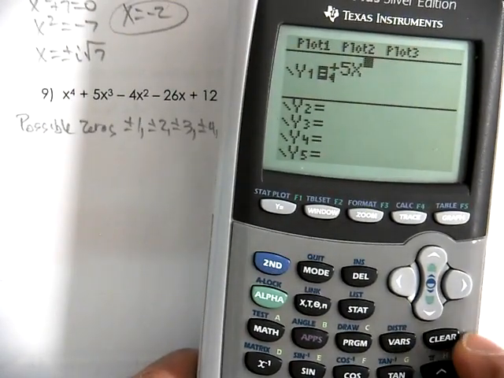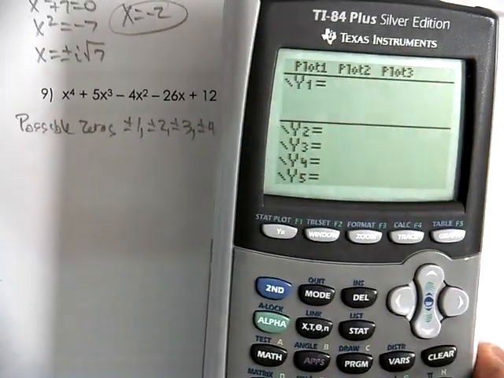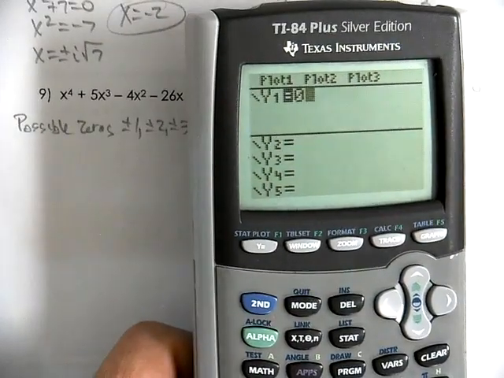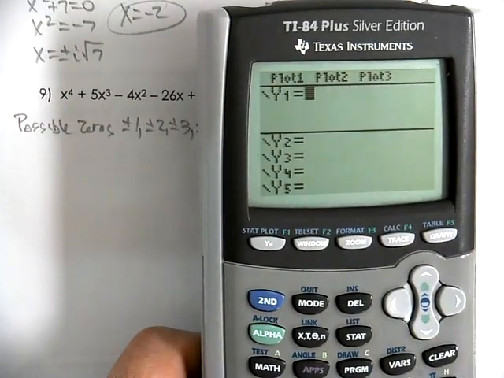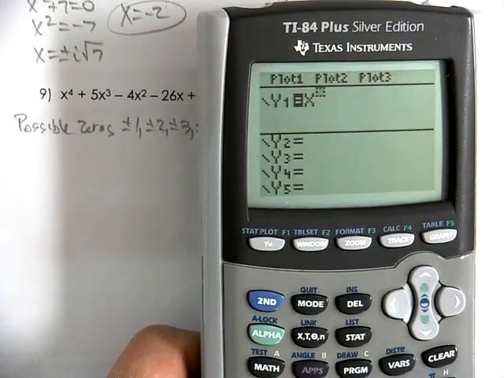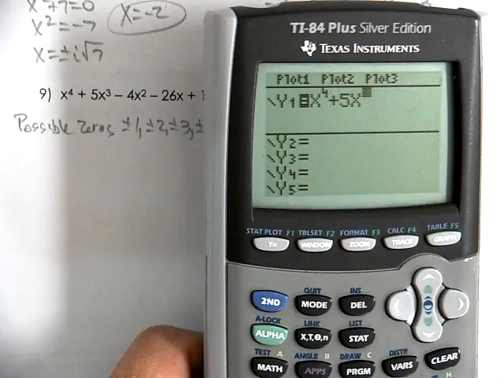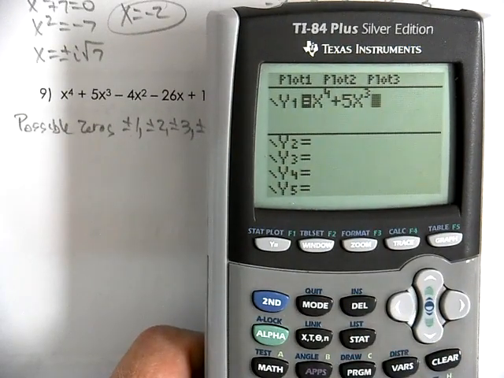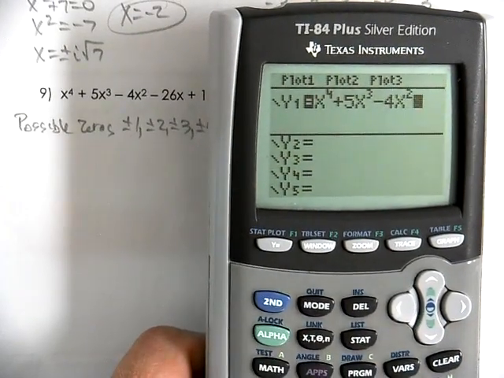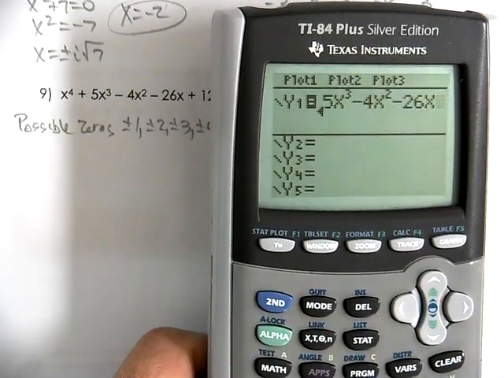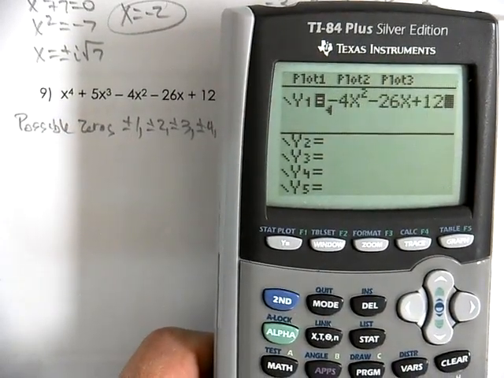Messed that part up. Let me start over. Let's try that again. Try to type it in correctly: x to the 4th power plus 5x to the 3rd power minus 4x squared minus 26x plus 12.